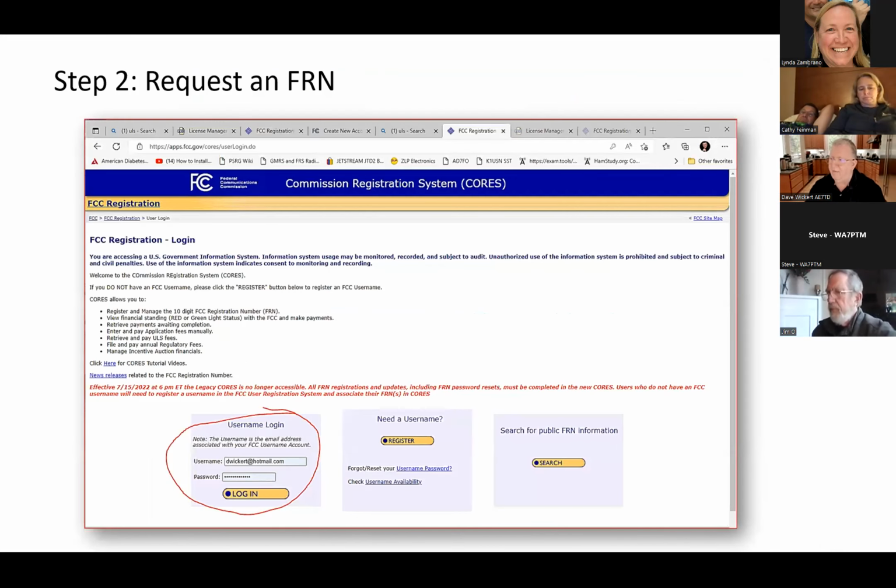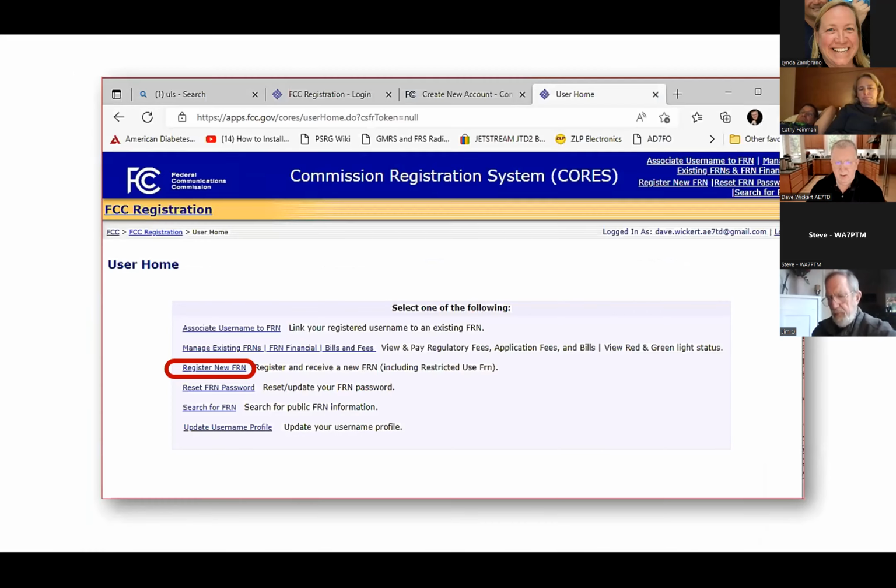And so once you have that username and password, now you can go back to that same login page and enter in your username and password and log in to the system. When you log into the system, this is where you're presented with all of the normal operations that you would deal with the Federal Communications Commission, not with your license, but with the FCC in general.